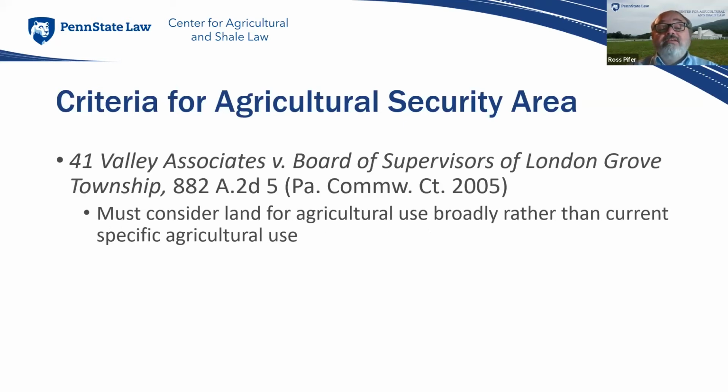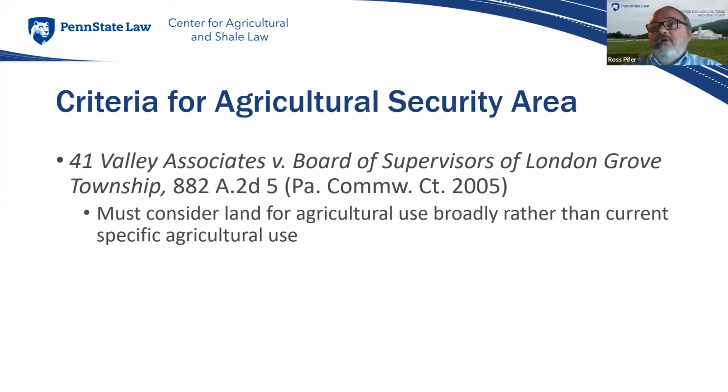Now, on this topic of the criteria, there's one case that I would encourage you to look at, the 41 Valley Associates case. In this case, the particular use of the land was as a mushroom substrate, a mushroom compost facility. And the landowners wanted to add that land to the ag security area.